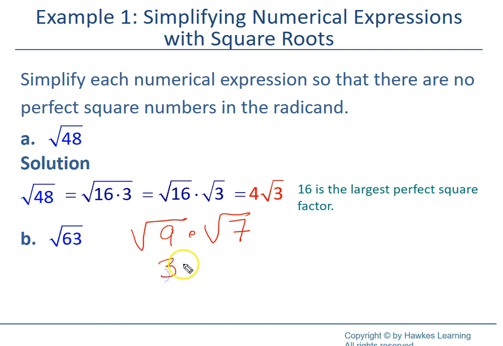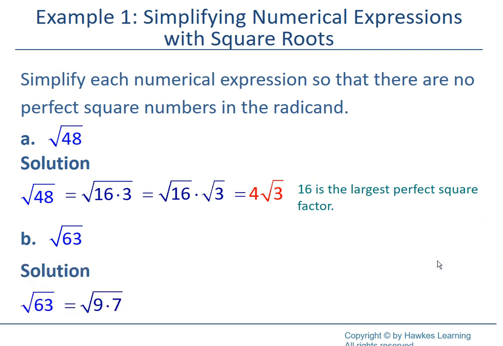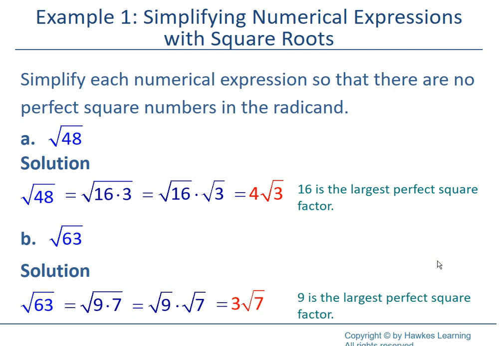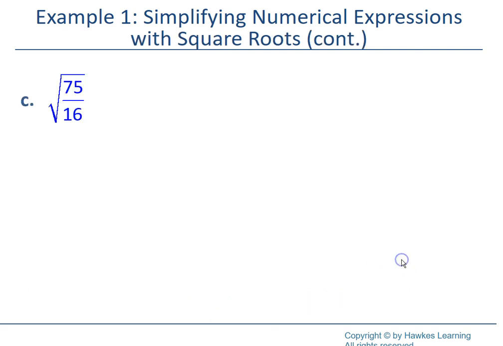So this is just going to be 3, the square root of 7. So we are simplifying radicands here. And what's left under the radical sign, there are no more perfect square factors.